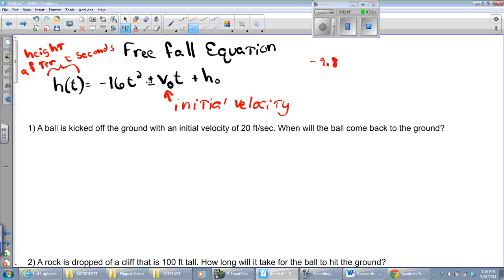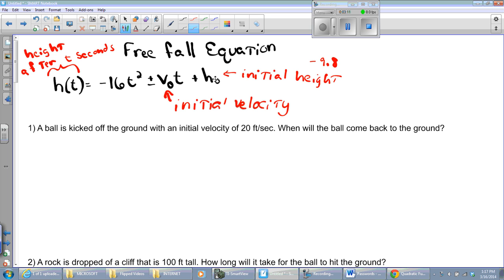If something's being fired up, it's going to be a positive, and if it's fired downward, it's going to be a negative velocity. But the negative only indicates direction. And h sub o is your original height, or initial height, or your starting height. That's what the little sub o means. It's where you're starting.